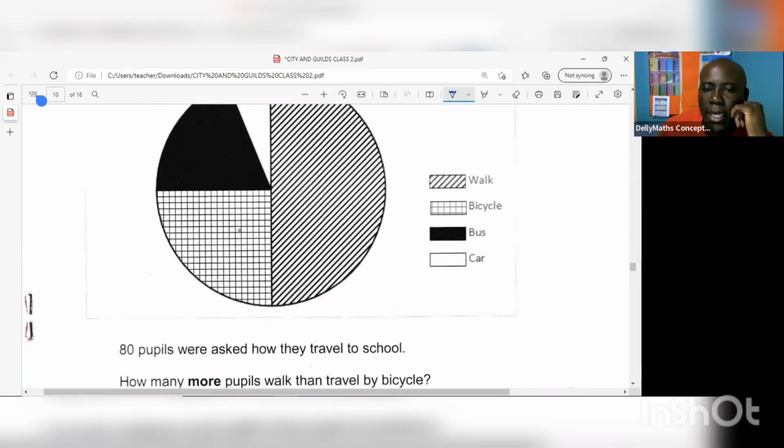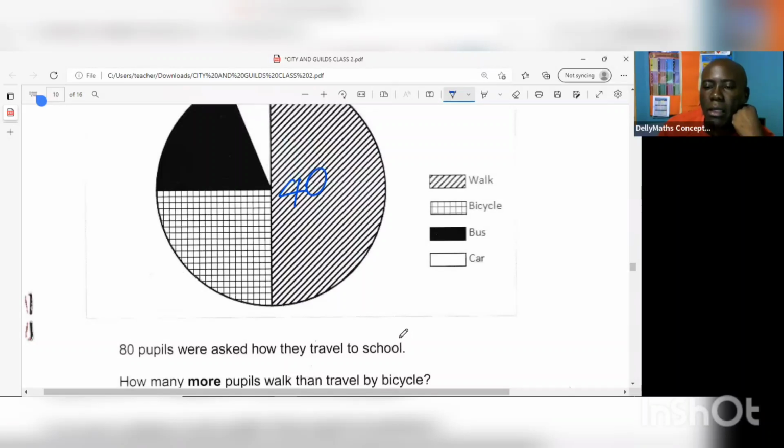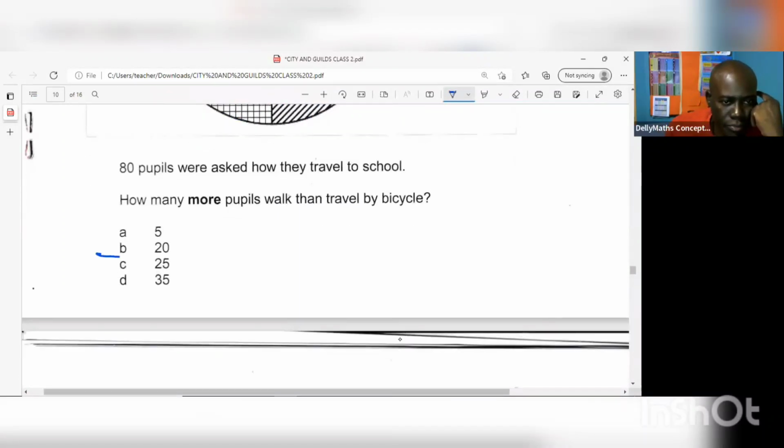So the walking is 40 persons. Bicycle is 20, and then the rest together is 20 again. But that's not our issue. We're comparing this with this. So the difference is 20.